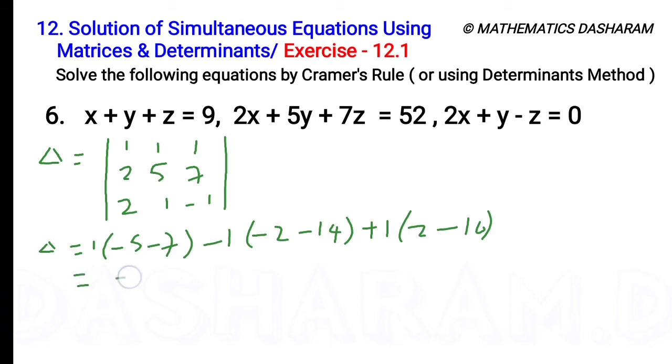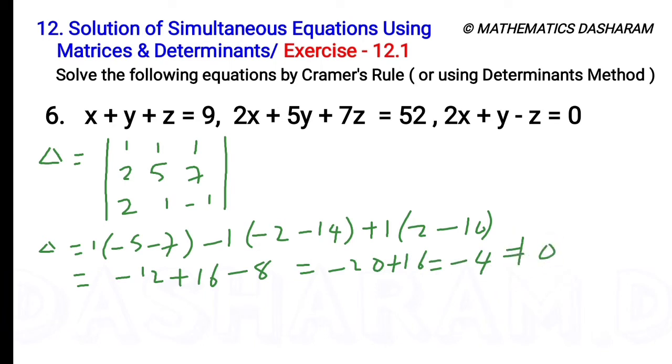So minus 5 minus 7 is minus 12, and minus 2 minus 14 is minus 16, into minus 1 is plus 16, 2 minus 10 is minus 8. Now minus 12 minus 8 is minus 20 plus 16, which equals minus 4, so it is not equal to 0. Then delta is consistent.